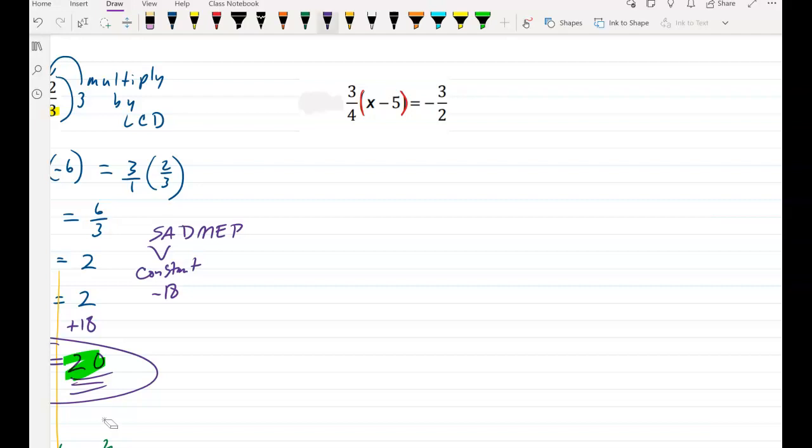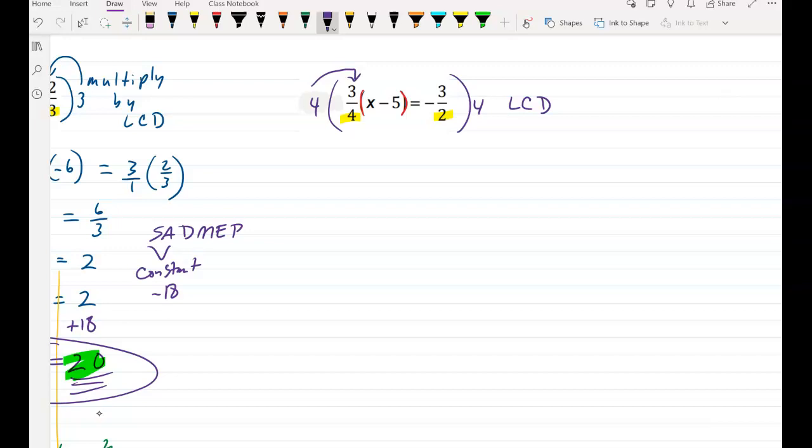So what I'm going to do, again, we're going to multiply by the least common denominator. And the least common denominator of 4 and 2. Well, 2 goes into 4, and 4 goes into 4, so 4 has to be the least common denominator. So I'm going to multiply everything in here by 4. Okay, so that means I'm multiplying 4 times this term.